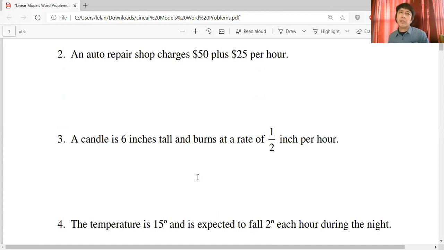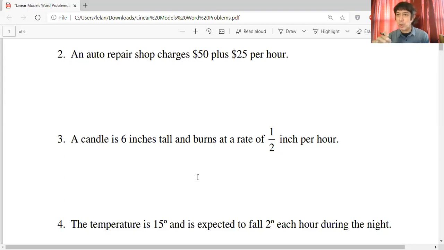As initial payment, that's the $50, and that will be for our small b. Now for every hour in the auto repair shop, that will be $25. So this will be your slope, 25 to 1. You can get the slope by the way you see the units: you have amount per unit time.